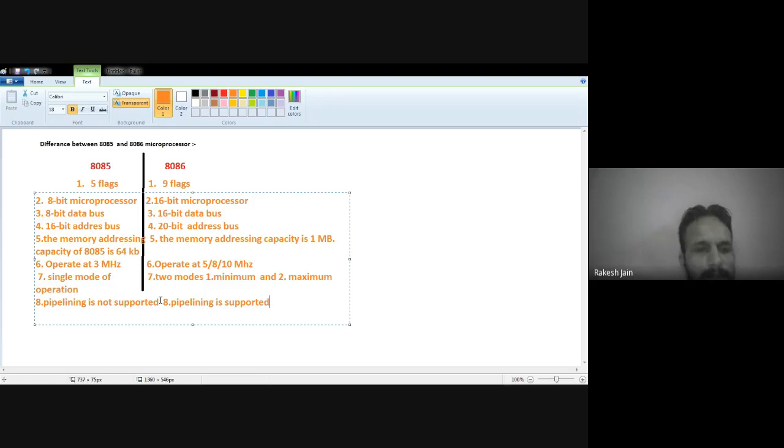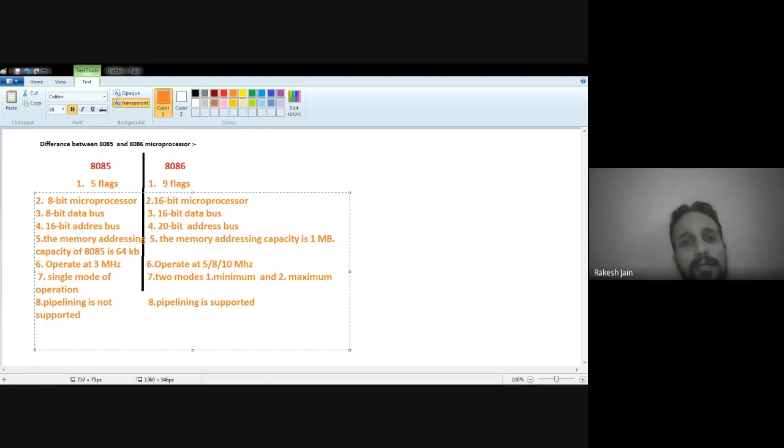Pipelining is supported in case of 8086. So this is one difference between the 8085 microprocessor and 8086 microprocessor.